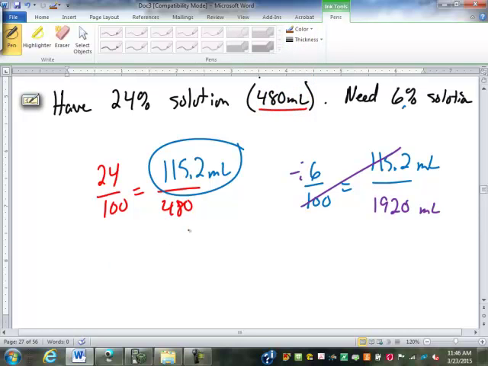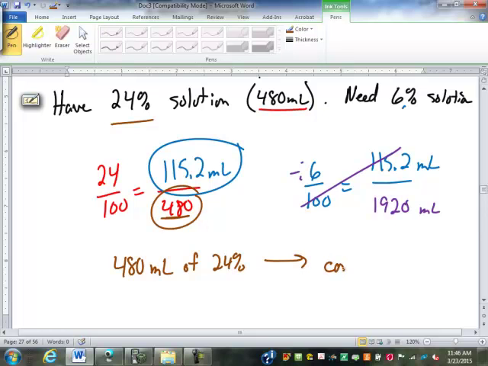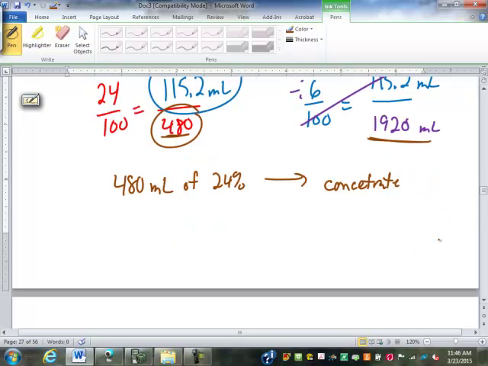In a dilution, of course, if we were to dilute this solution, the 480 milliliters of 24% is going to become the concentrate, because that is the higher concentration. After we dilute it, the 1,920, I should say, will be the total volume, or total solution, at the 6%.